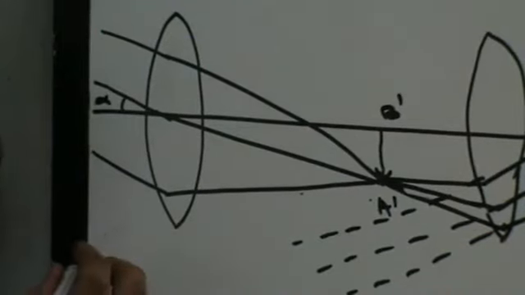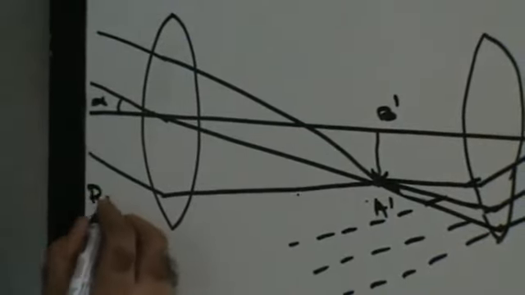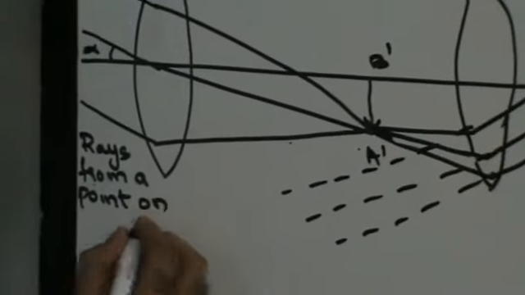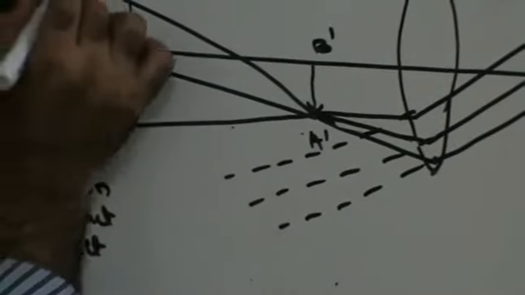So let's assume that this angle is alpha. Rays from a point on a distant object, right? They are coming from there. This is how the rays are going to travel.